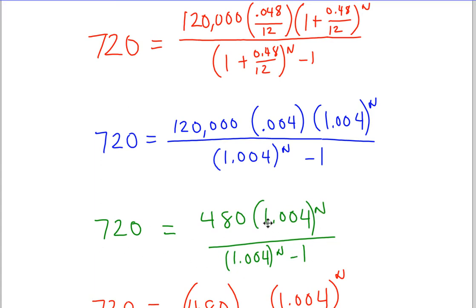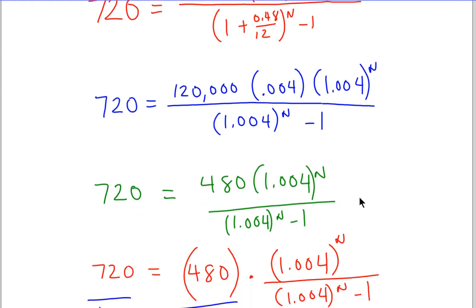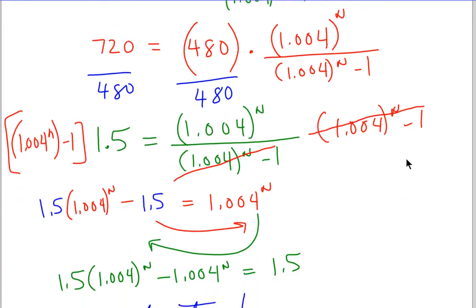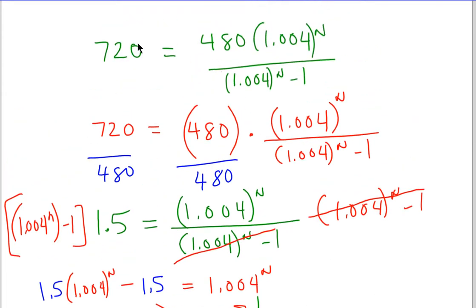And then I realized, well, you can't have a variable in the numerator and the denominator, so let's clear the denominator. In order to clear a denominator, you multiply both sides, right? Oh, I cleared my 480, right? Divide by 480. Let me go back a second here.